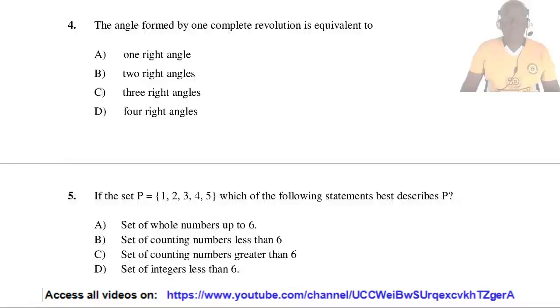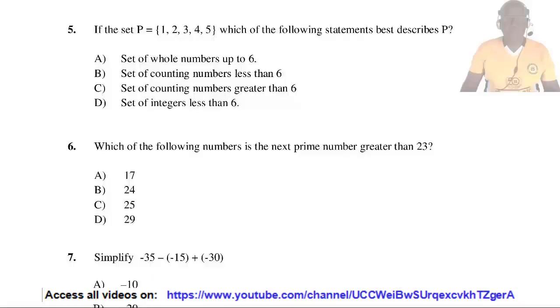Question 4. The angle formed by one complete revolution is equivalent to. The answer is D. One complete revolution is 360 degrees, and 4 right angles equals 4 times 90 degrees, which equals 360. Question 5.